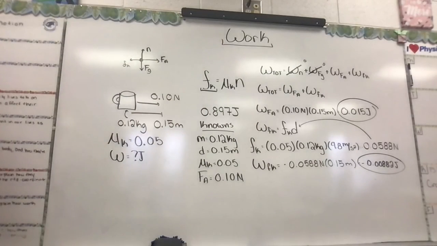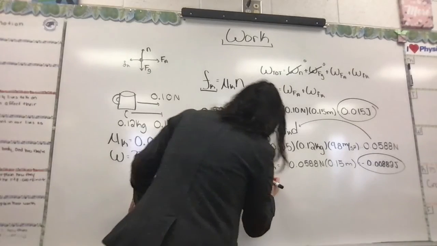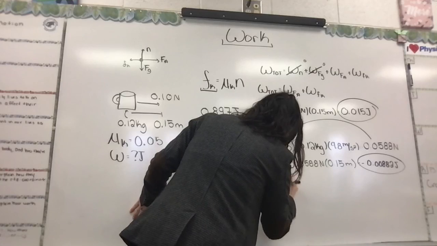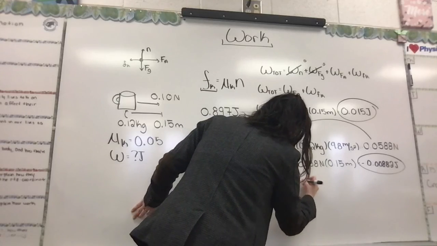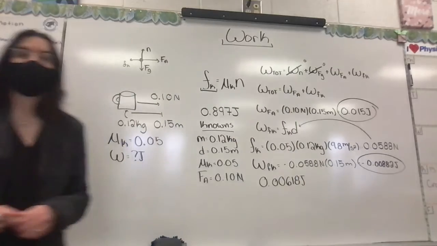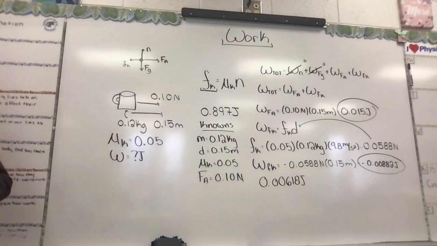So that means you're going to do 0.015 minus 0.00882. What do you get? 0.00618. Is that what everybody got? Yes. Okay. And you're done for the day.